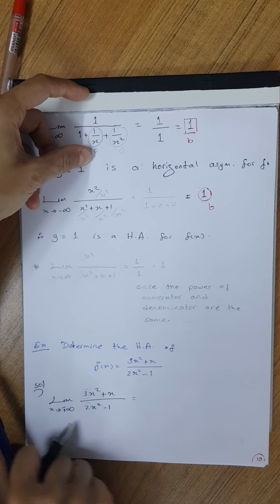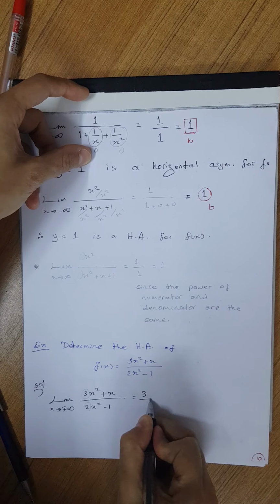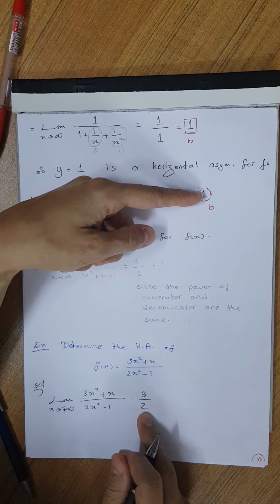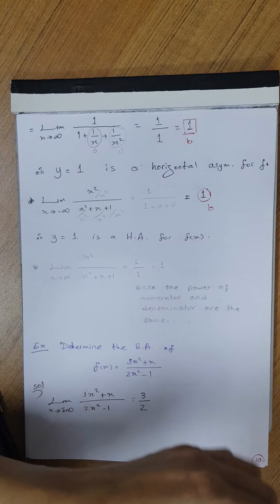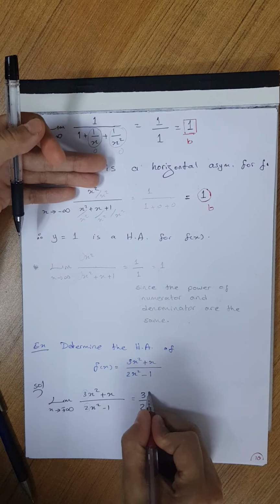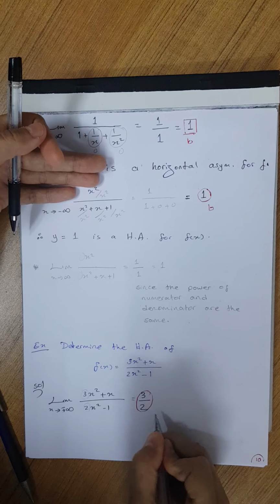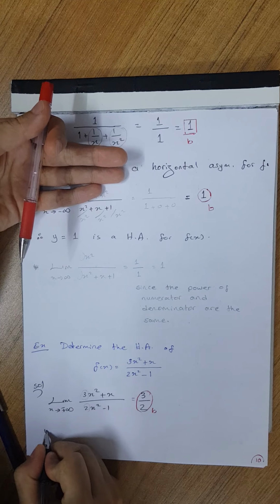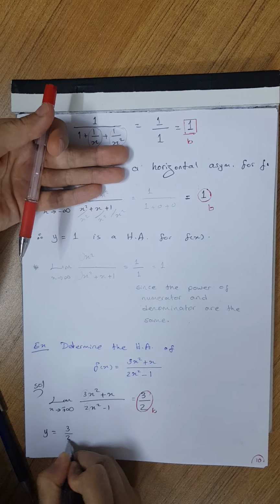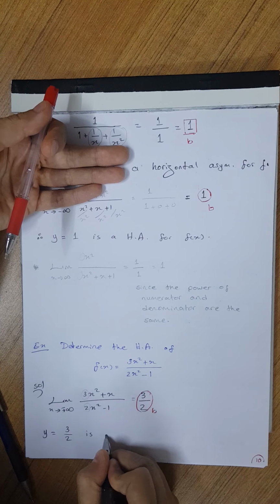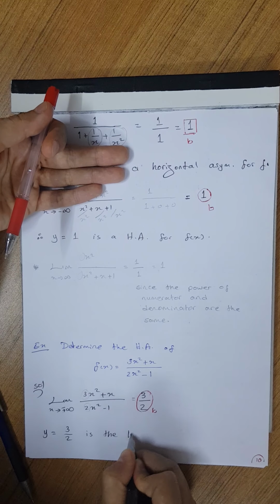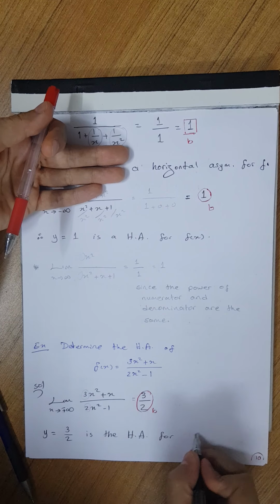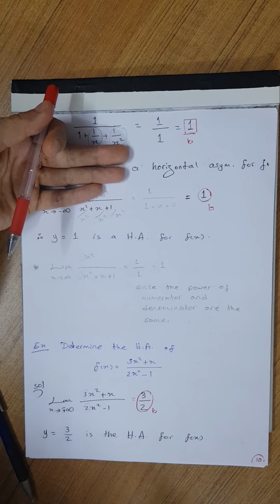That's equal to 3 over 2. I got a number. Because we said that if we find the limit of the function and get a number, that number, y equals 3 over 2, will be the horizontal asymptote for the function f of x.